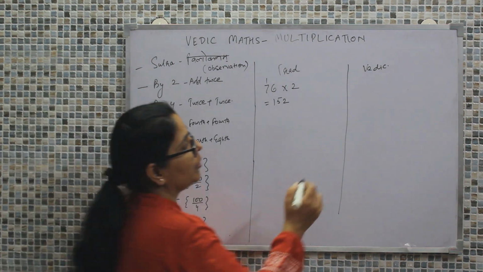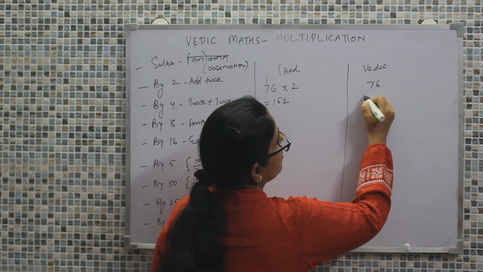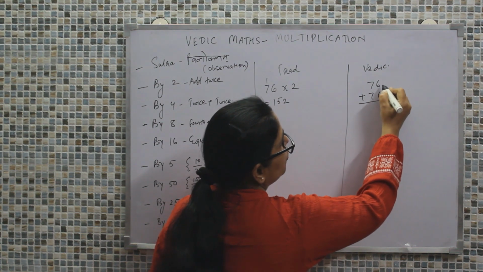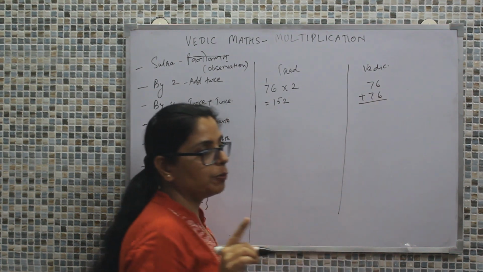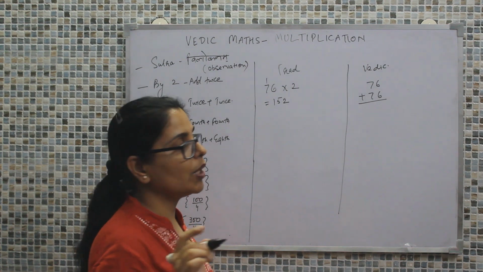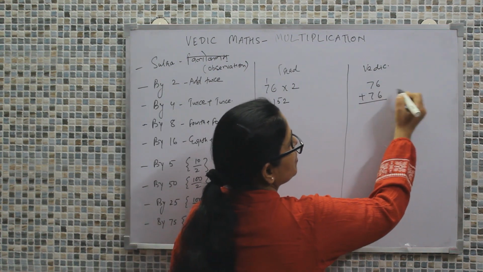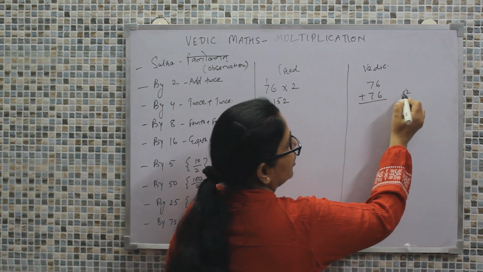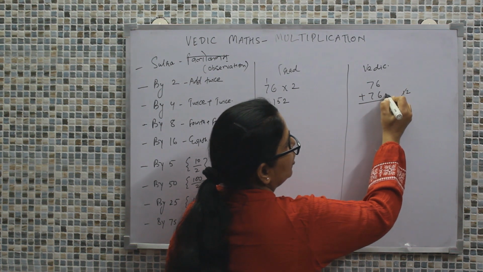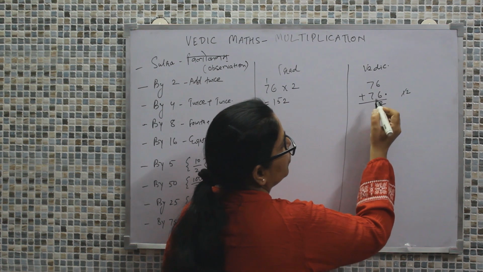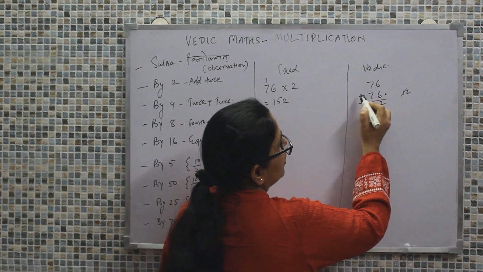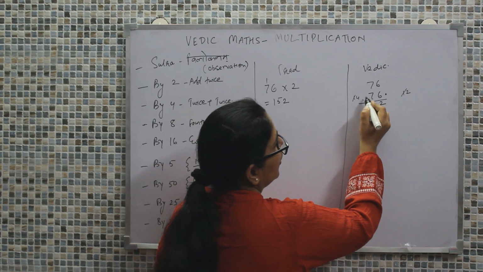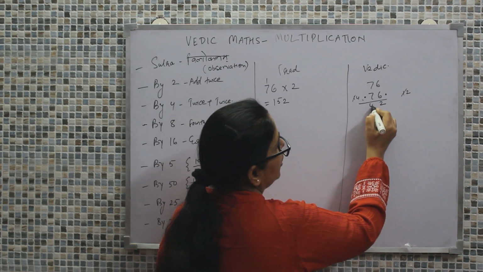Okay, but when we talk about Vedic, it says that instead of multiplying it with 2, we will go for addition, and here we would be applying the logic of addition as we have learnt in the addition rule. 6 plus 6 is 12, cut off 2, cut off 1, add a dot and copy down the number 2. 7 plus 7 is 14, remove 1, put a dot and copy 4.